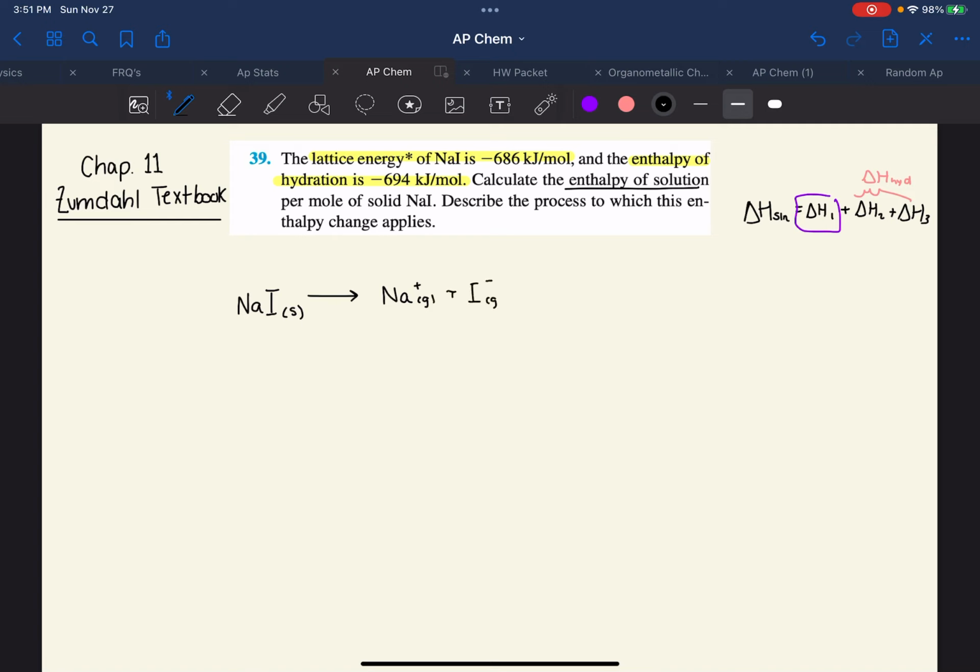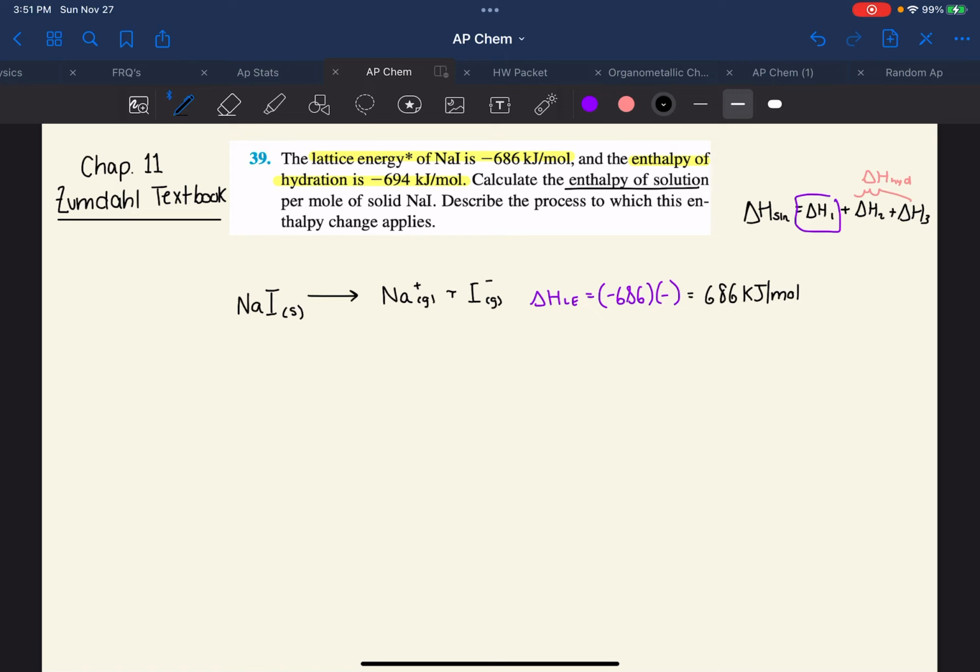Now we know that lattice energy is the energy released when a bond forms, when it snaps together. So our delta H for lattice energy is negative 686, but we take the inverse, because this is the opposite process of lattice energy, since it's breaking apart. So instead of negative 686, it's going to be positive 686 kilojoules per mole.